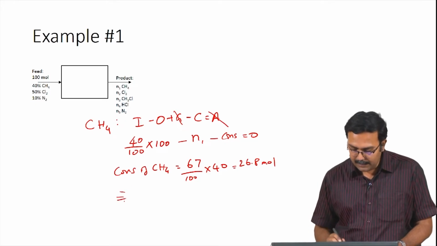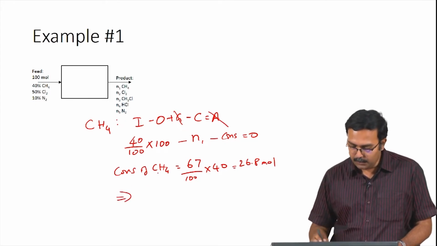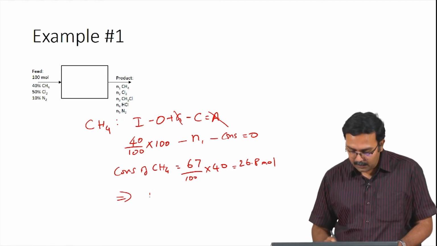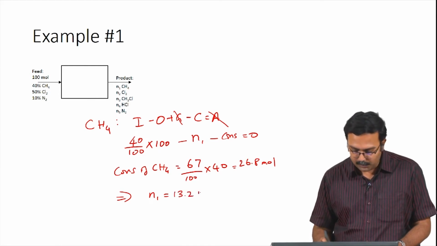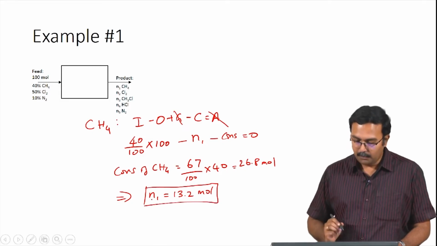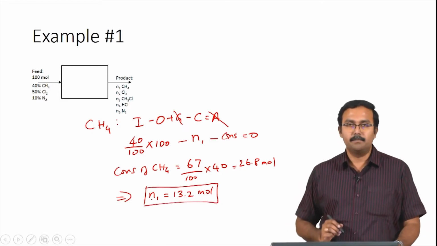So, this implies we can substitute this value for consumption and calculate the value of methane leaving the system as 13.2 moles. So, this gives you the number of moles of methane leaving the system.